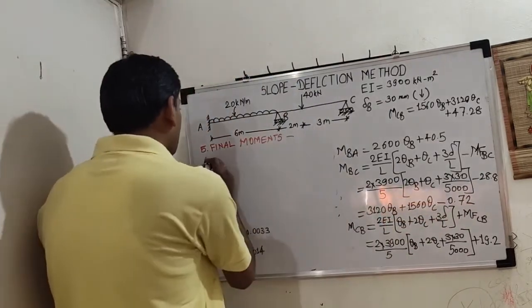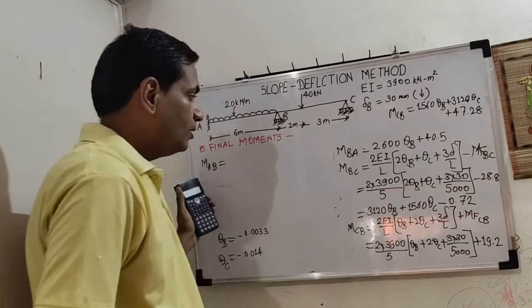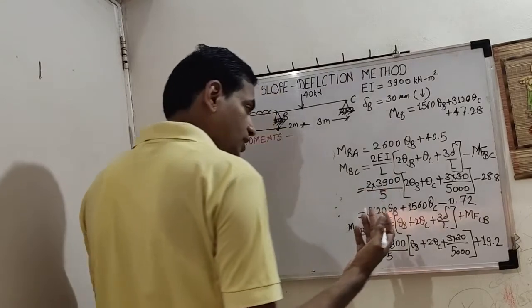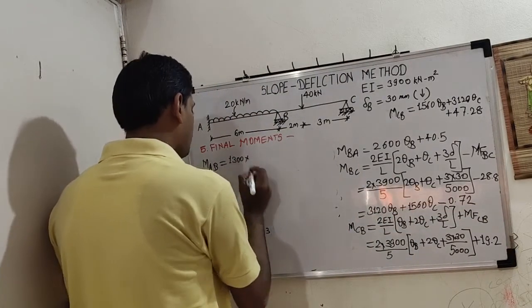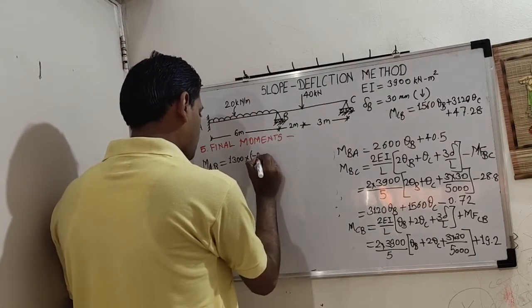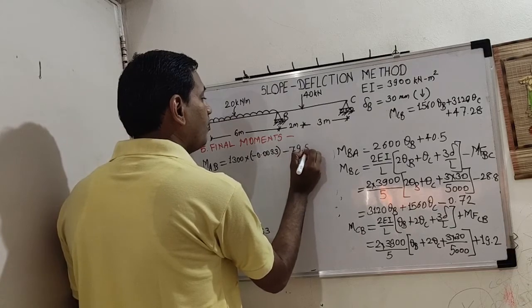So MAB, what is MAB? 1300 theta B minus 79.5. So 1300 into what is theta B? Minus 0.0033 minus 79.5.